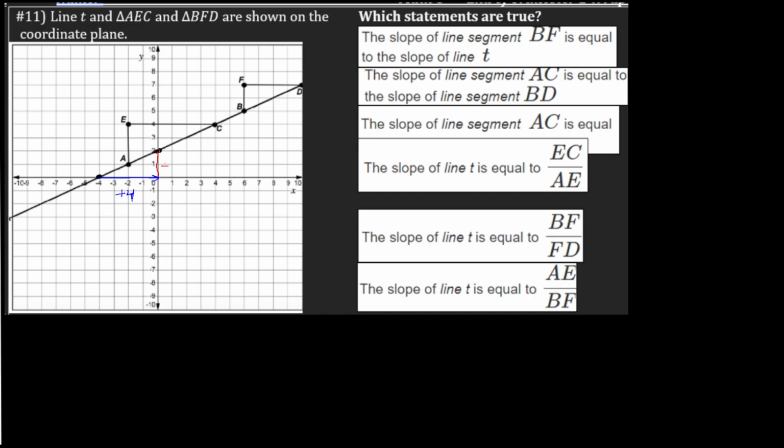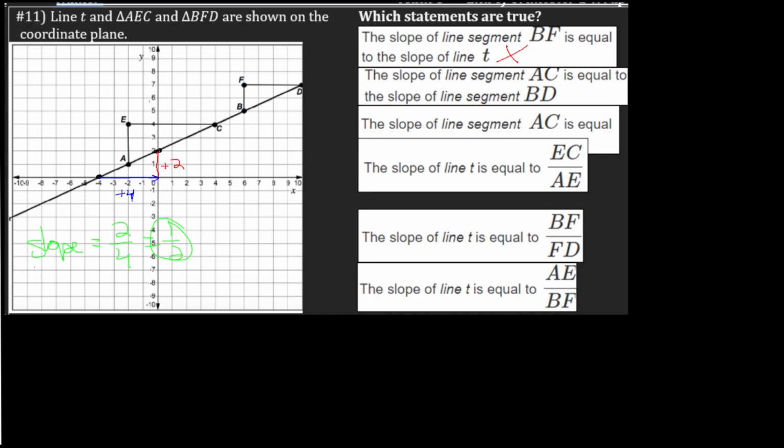You can have any change that you need, but I can say this. My slope, let's do it green, is going to be equal to 2 over 4, which is equal to 1/2. Okay, so if I look at the slope of BF, this is not going to be the same because that's an up and down line, so it's not that first one.